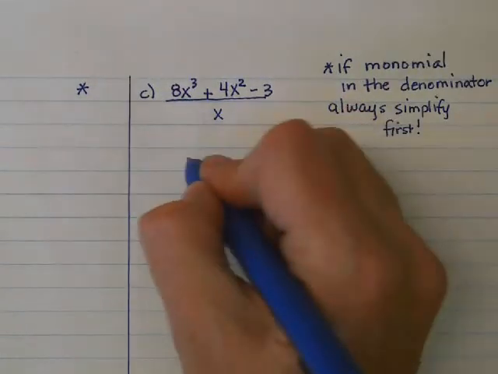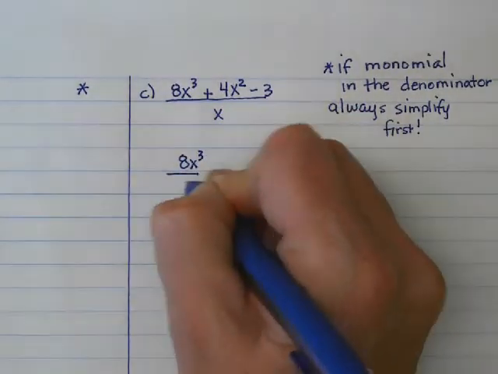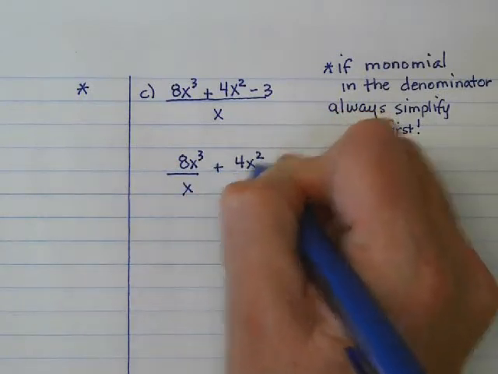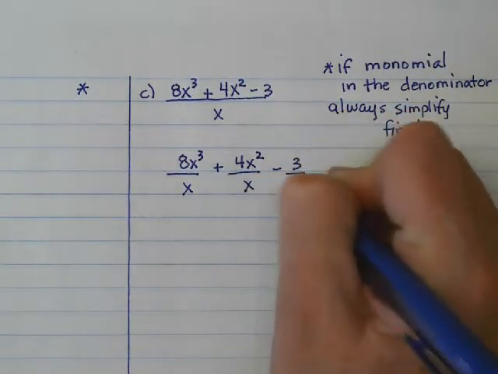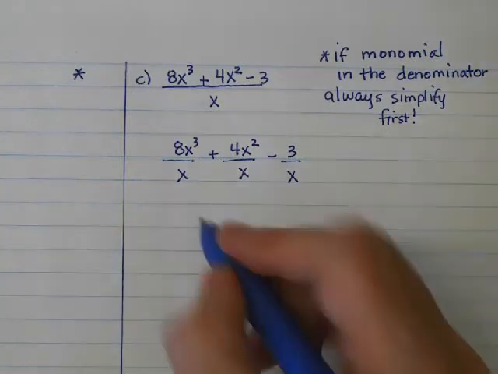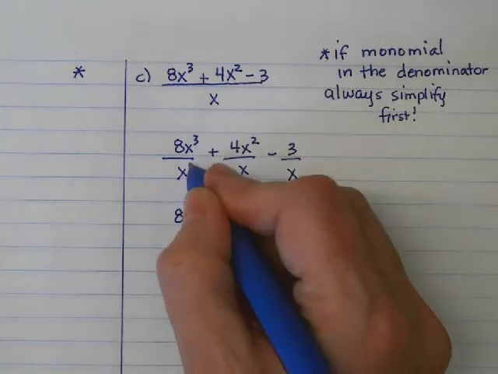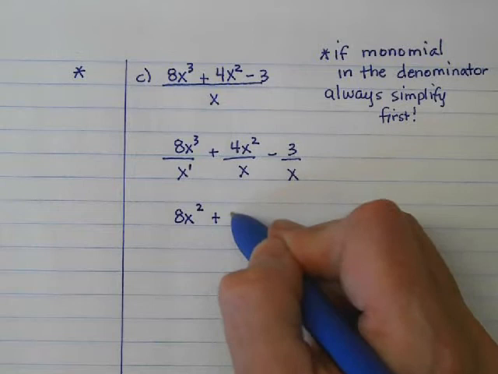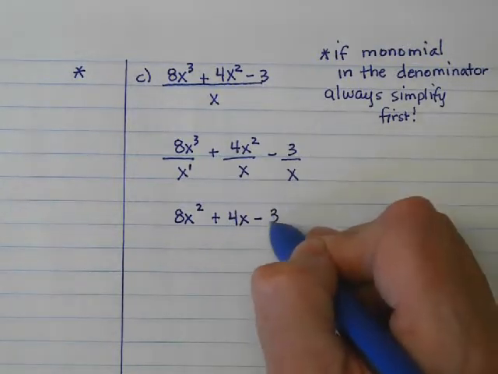So think about this, that this is really 8x cubed over x plus 4x squared over x minus 3 over x. Okay, now I'm just subtracting. This is like a little 1 right there. 3 minus 1 is 2. This I'm going to bring to the top.